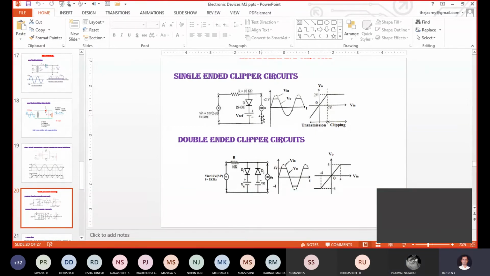Apply the KVL. It is a simple equation, right? First of all, tell me the KVL equation for this loop, the second loop. Starting from V reference, I am going in the upward direction, then I am coming in the downward direction. Tell me which equation you get when applying the KVL in this direction. Anybody? Fast. Prajwal?